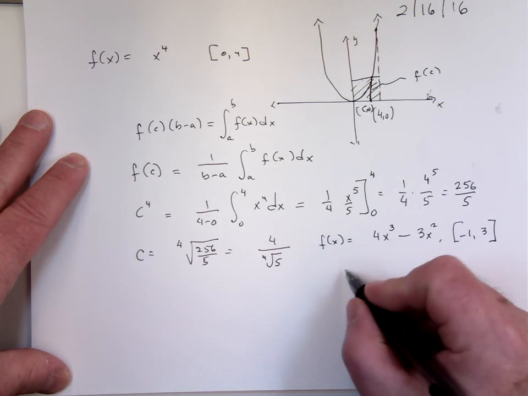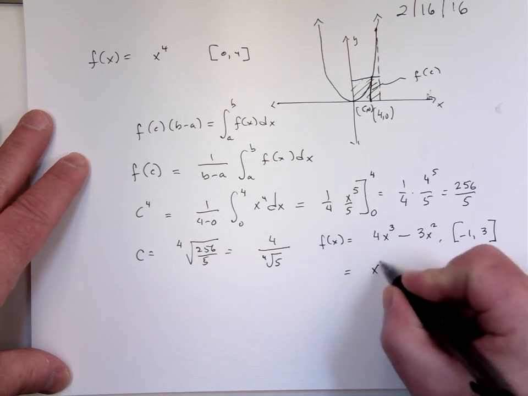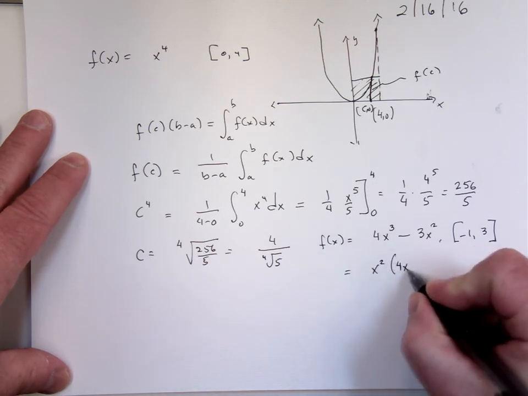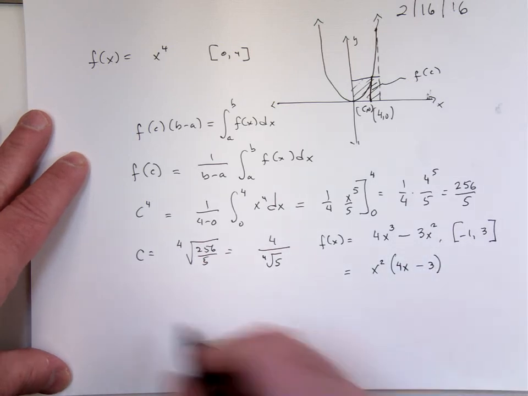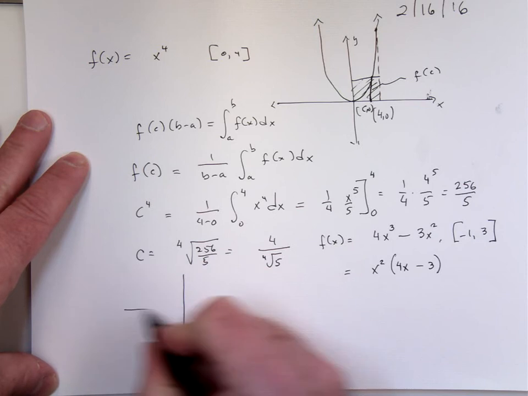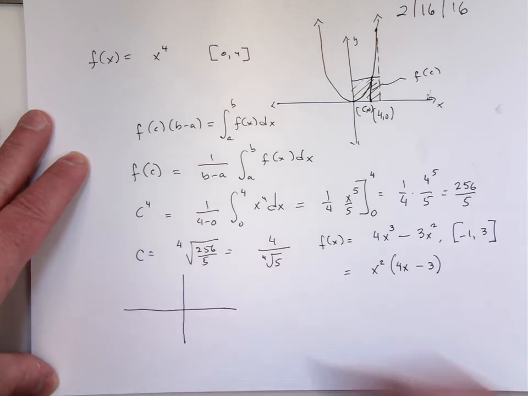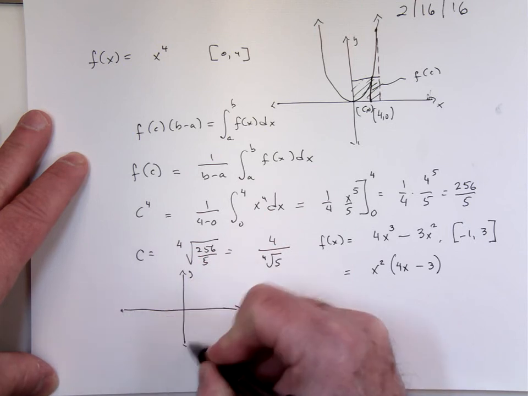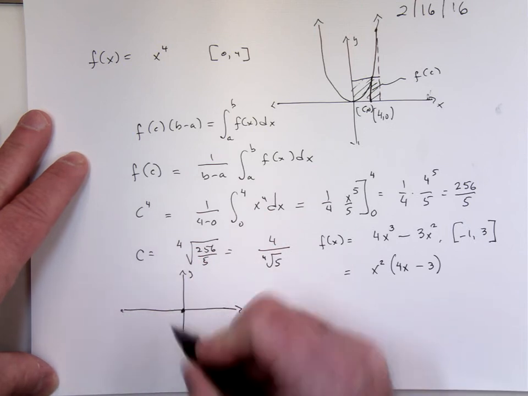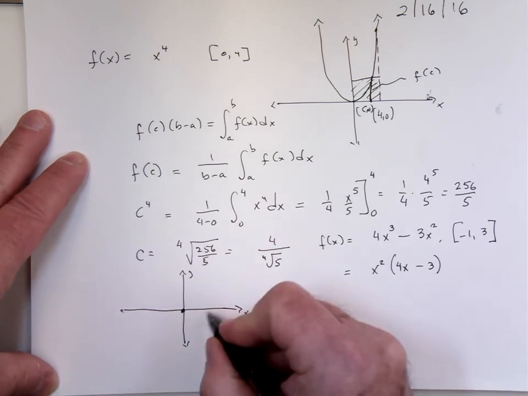All right, let's take a look at this thing. What I'd like to do is take a look at the graph of this first. I'm going to factor out an x squared. The graph of this is like this. It's got a 0 at 0, actually a double 0 at 0, and it's got a 0 at 3/4.